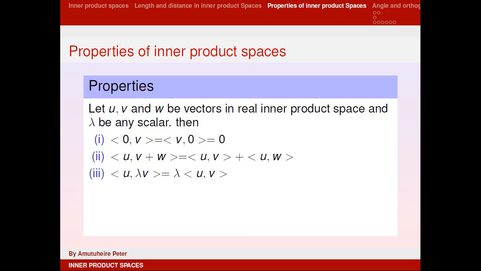Third property: the inner product of U with a scalar times a vector is equal to the scalar times the inner product. This is related to I3. In I3, we had the constant at U, and this was the same result. But this property is telling us that even if the constant is at the second vector, we get the same result.